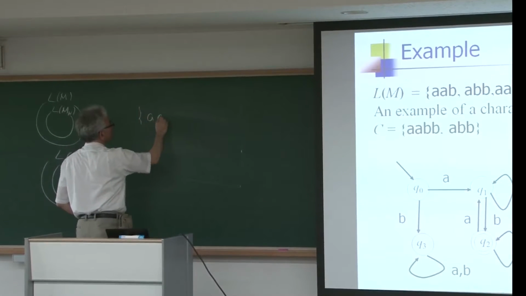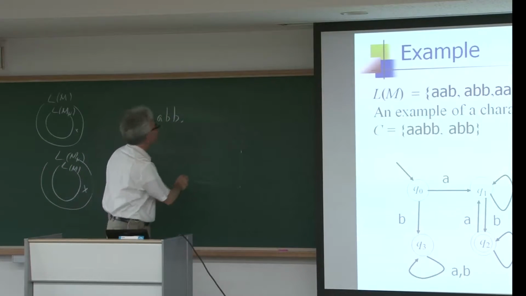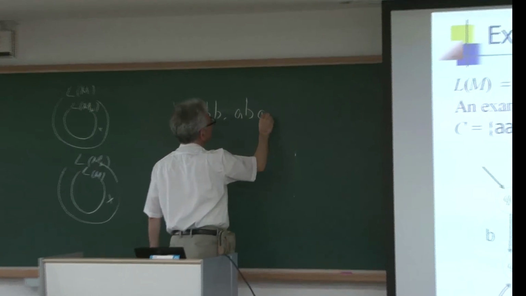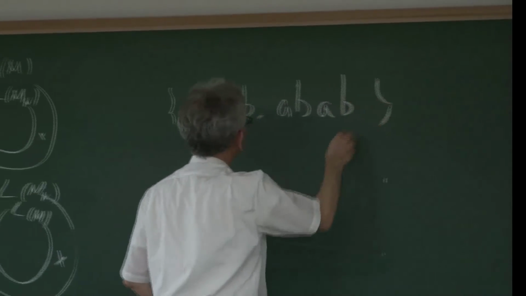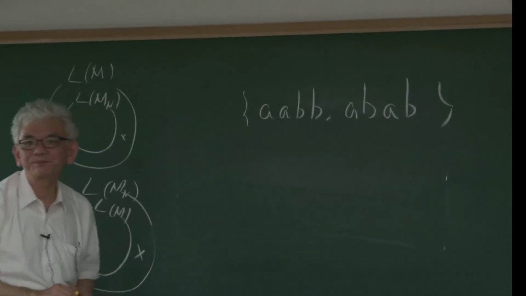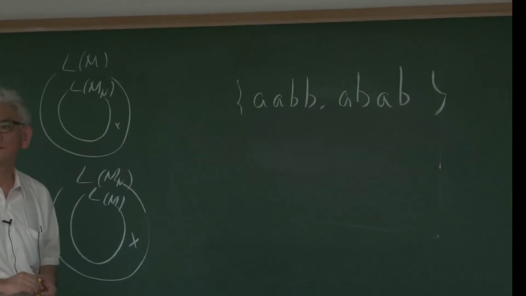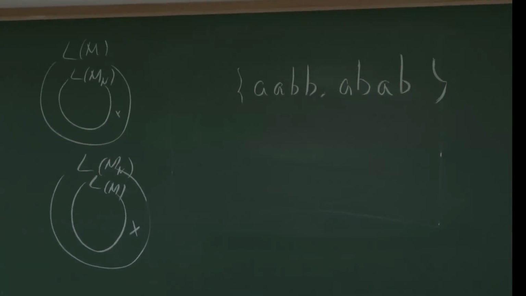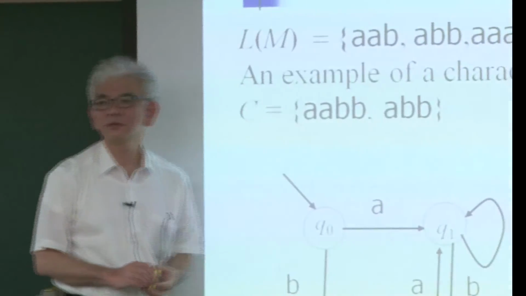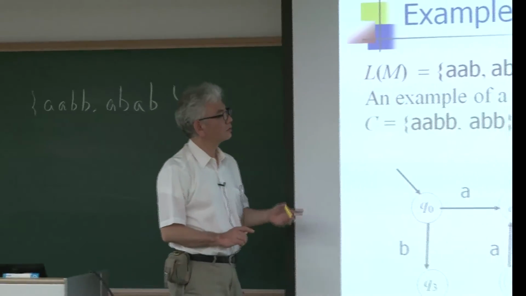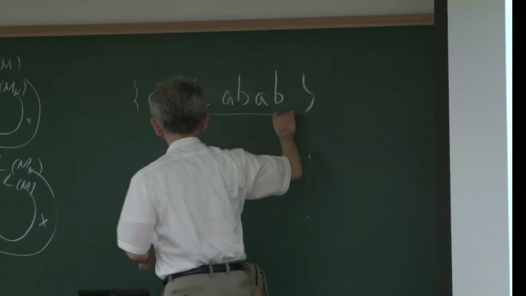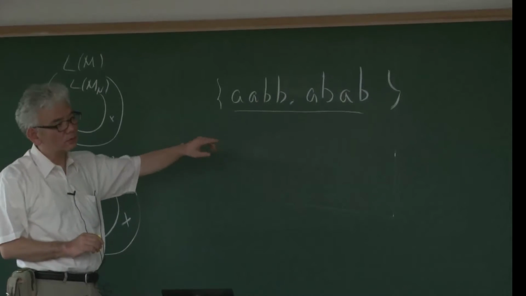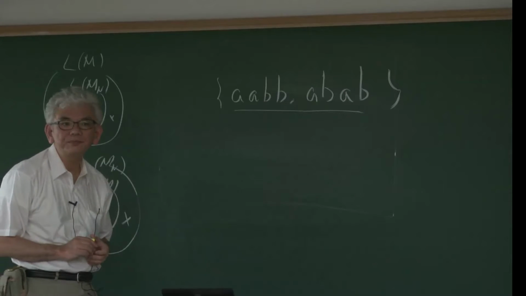The correct one is B, A, B. Sorry, this one. So, by using this string here, A, B, A, B. So, with these 2 strings, we have all information on transitions from the initial state to the final state.